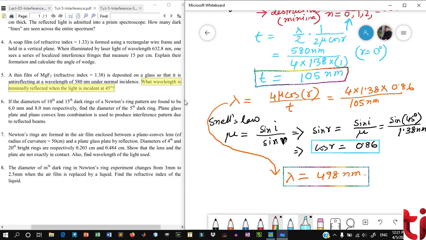This is the wavelength of the light that gets minimally reflected from a magnesium fluoride surface having thickness 105 nanometer over a glass surface when the incident angle is 45 degrees.